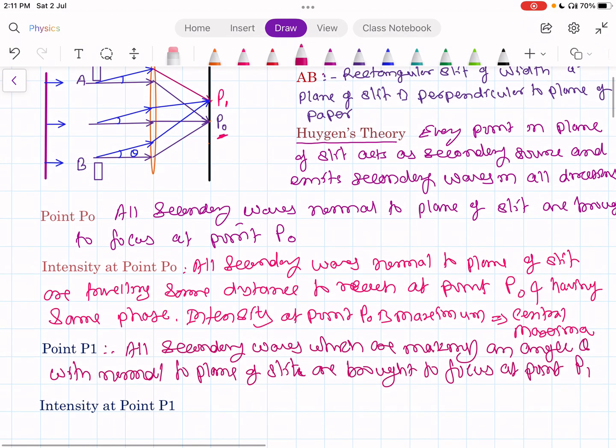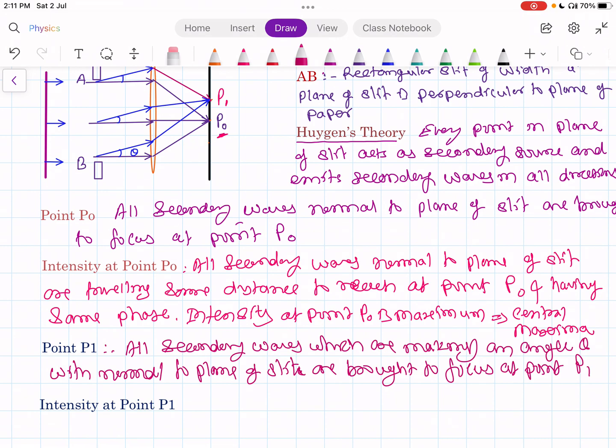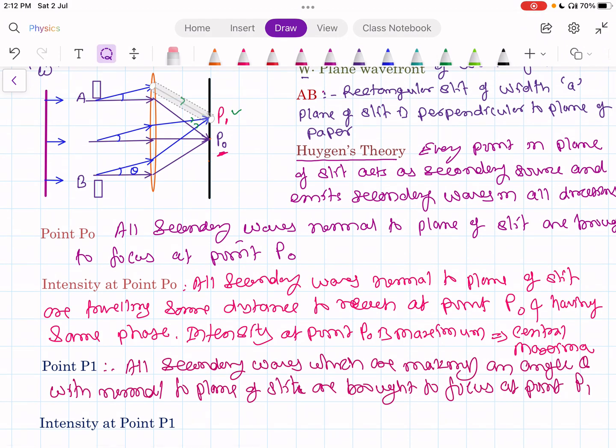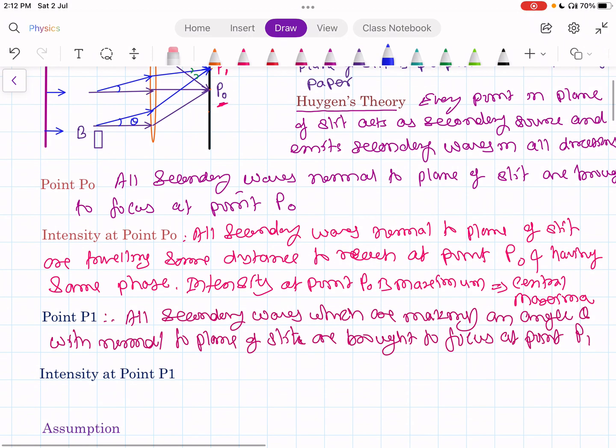Then what would be the intensity at point P1? Because all those secondary waves which are reaching at point P1 are now traveling different paths to reach at point P1, intensity at point P1 depends on the path difference between them.